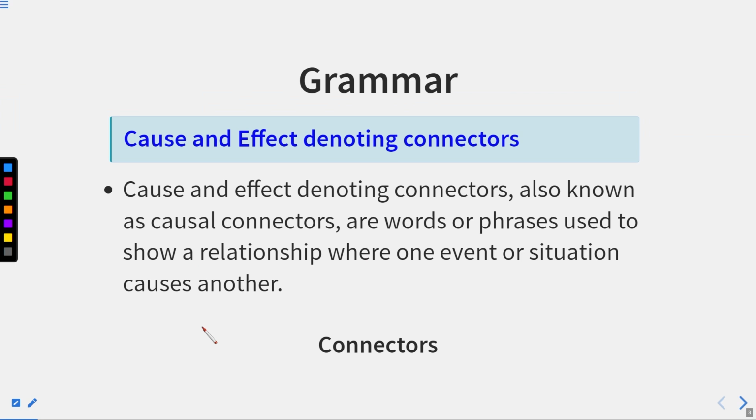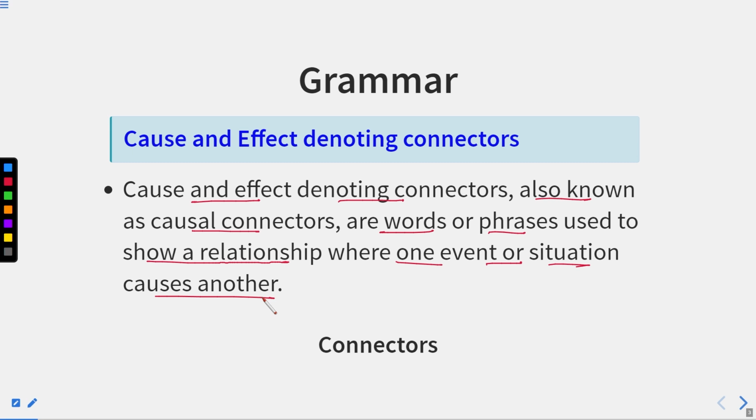First, we'll discuss the introduction of cause and effect denoting connectors. Cause and effect denoting connectors, also known as causal connectors, are words or phrases used to show a relationship where one event or situation causes another. It means if something happens and it is caused by something.